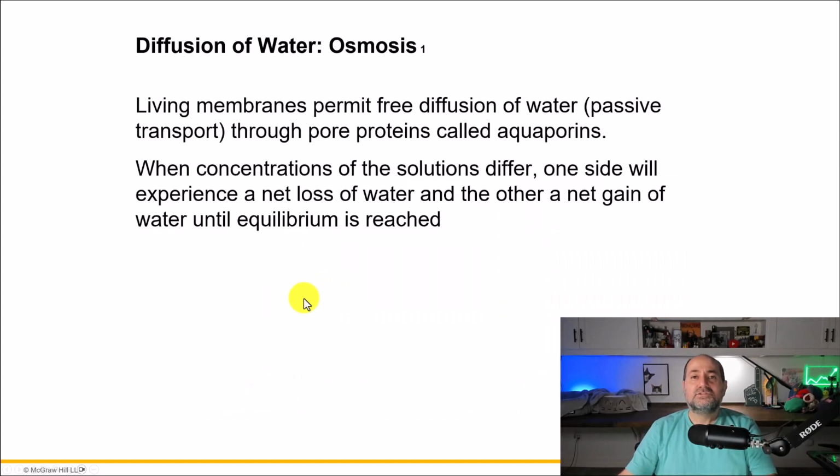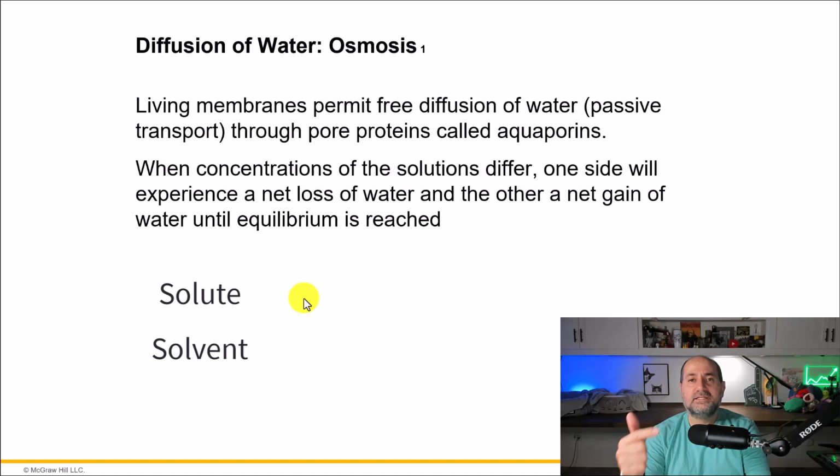Now, these are two words that you need to write down: solute and solvent. Do you guys remember those two words? The solute is a substance that gets dissolved inside of a solvent.